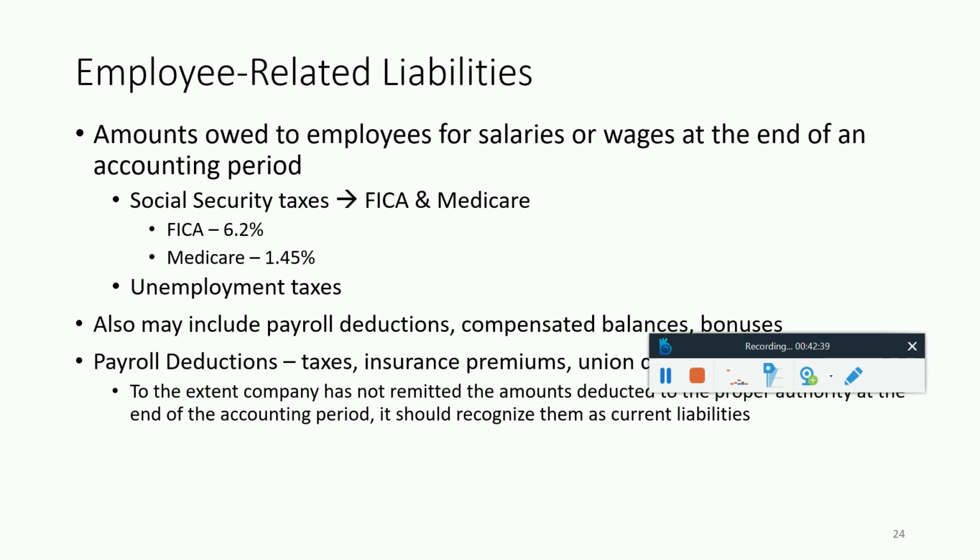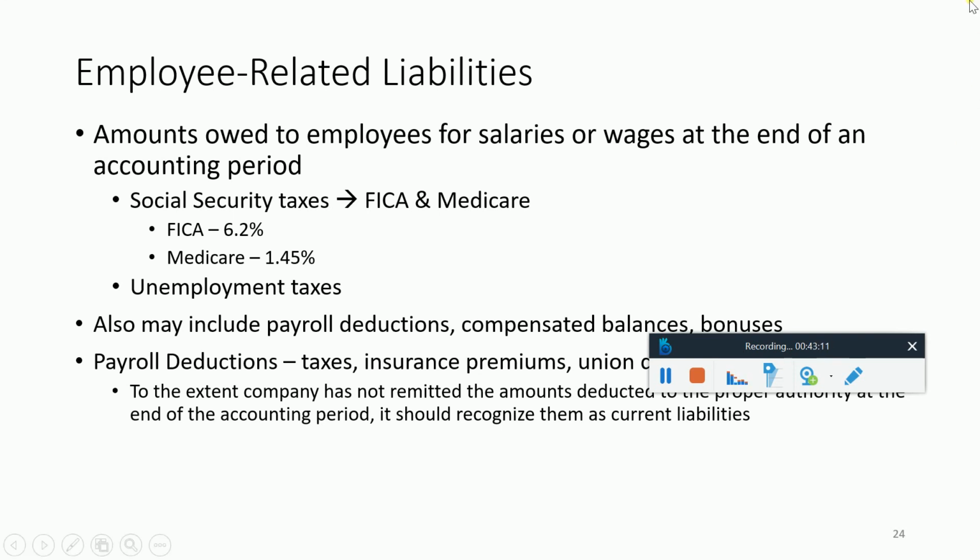On top of paying you, they are also withholding taxes out of your paycheck and also contributing a component or a portion of their own for Social Security taxes, so FICA and Medicare, unemployment taxes. There's also payroll deductions that may be taken out, for contributions to a 401k or maybe for a charitable donation. All sorts of different items can be withheld from your paycheck.